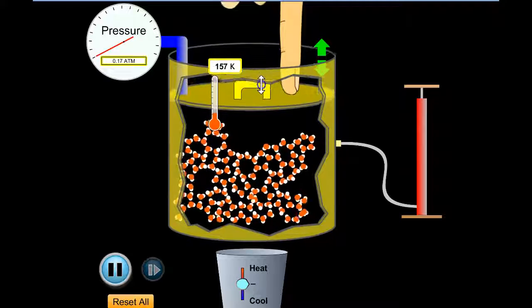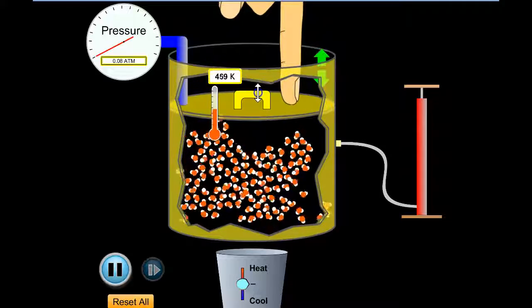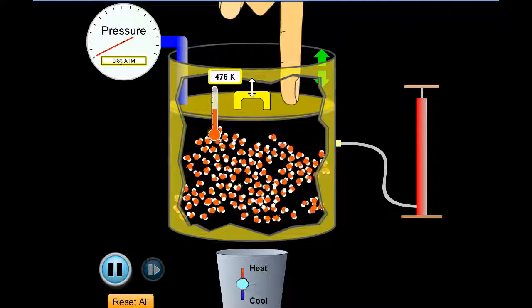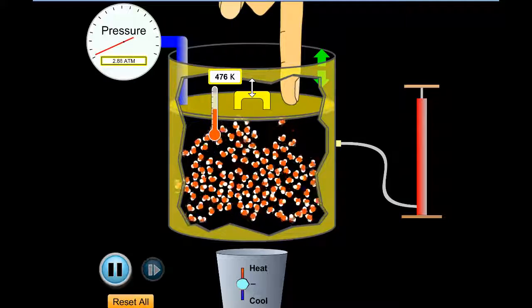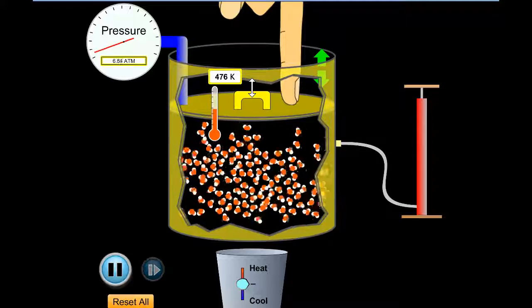And so just by changing the size of the container, and I can make it smaller and smaller, you can see that these molecules of water, they get more energetic when I do this. This adds something called more pressure.